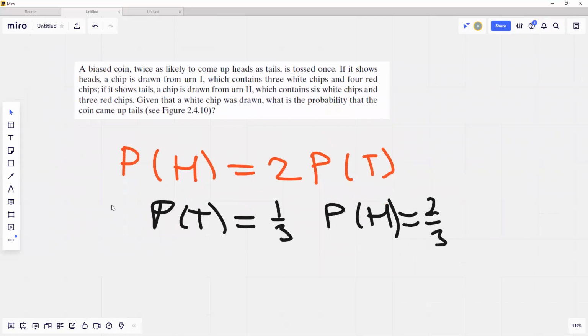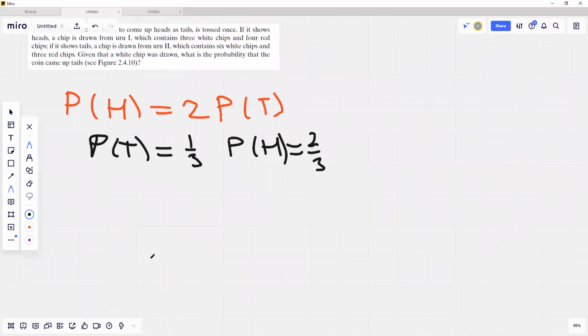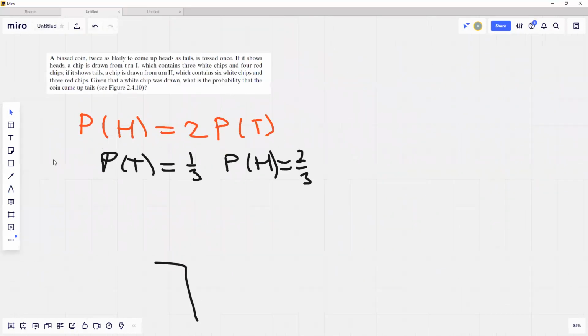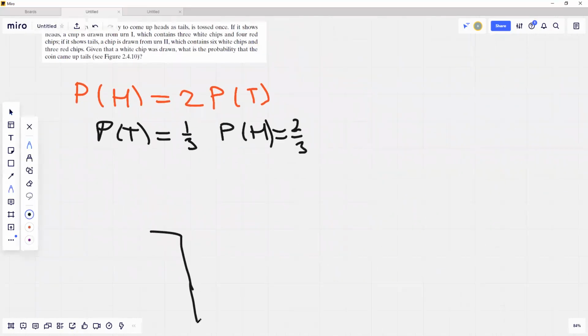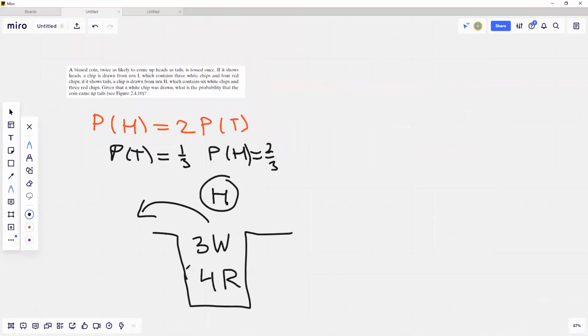If it shows heads, a chip is drawn from urn number 1, which contains 3 white chips and 4 red chips. So if our coin comes up heads, then we draw a chip from urn number 1.